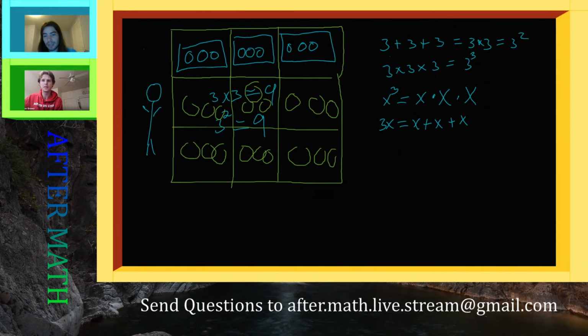So 3x means you add 3 x's together, because right here this literally means you have 3 x's: 1x, 2x, 3x's together. This next step, the difference is the multiplication compared to addition, right? Exactly.